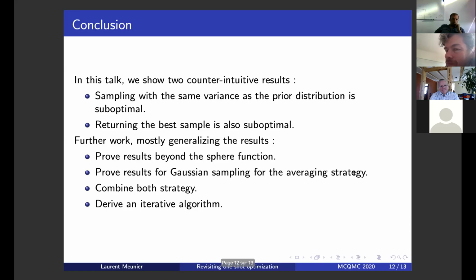Combine both strategies, because I think we can have good experimental results combining both strategies, and also derive an iterative algorithm for the averaging strategy, and maybe find some kind of adaptive population size in evolutionary strategies, for instance.